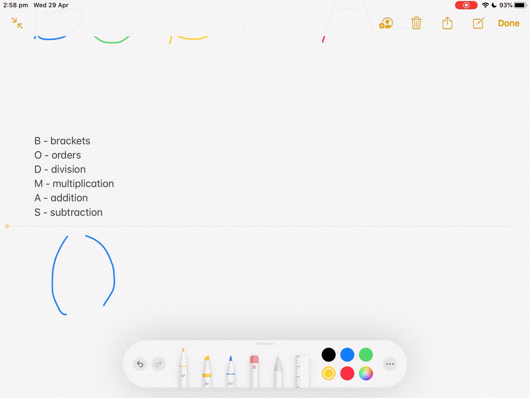Then we do any divisions or multiplications. And then last, we do any addition or subtraction. Brackets is always most important. Second most important is a division or a multiplication. And then lastly is an addition or a subtraction.